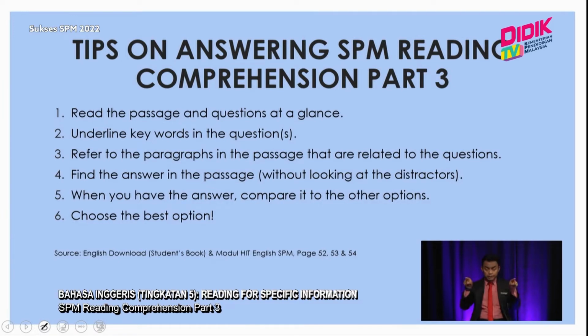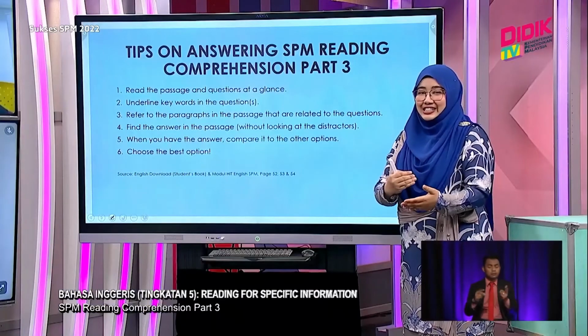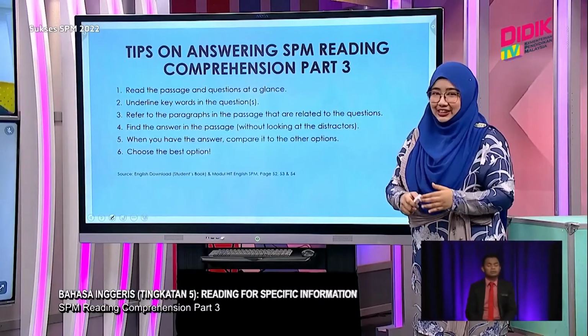Number 3, refer to the paragraphs in the passage that are related to the questions. Number 4, find the answer in the passage without looking at the distractors. Number 5, when you have the answer, compare it to the other options. And number 6, choose the best option. So these tips, I think it's very useful, and it's a step-by-step guide. So everybody, we can try this. Okay? All right.